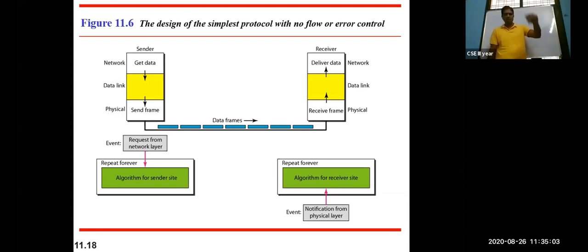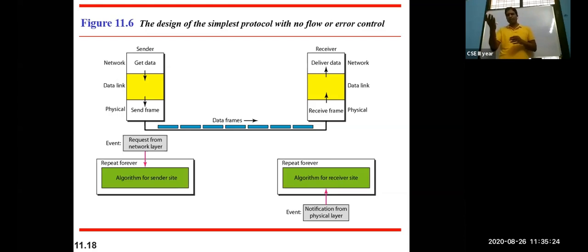Now, once the request comes, the algorithm is implemented for the sender side. It could be simplest, it could be stop and wait, it could be any algorithm. Framing is done and then the flow control technique is implemented. Then it is sent.